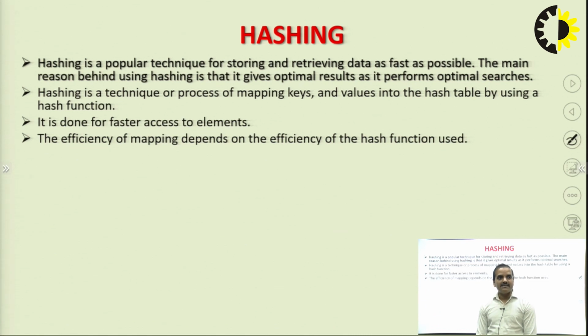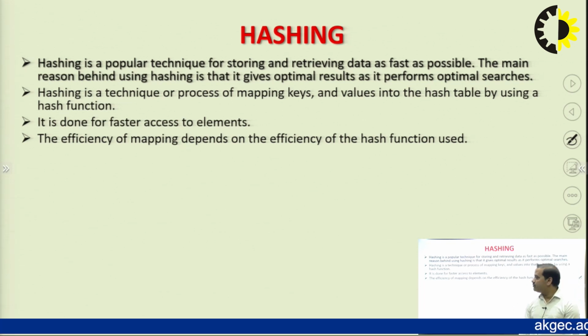The third point is it is done for faster access to elements. It is an efficient and faster algorithm or method which is used to find the element. The efficiency of mapping depends on the efficiency of the hash function used. That means if we use a more efficient hash function, then the efficiency of the algorithm is also high.